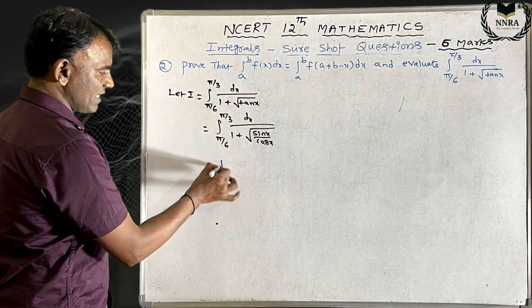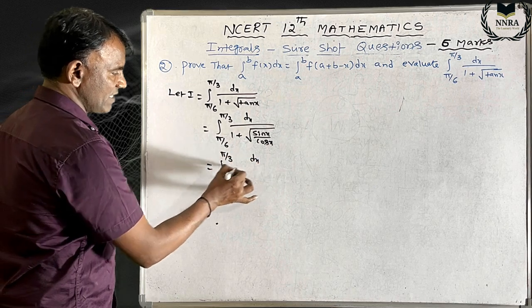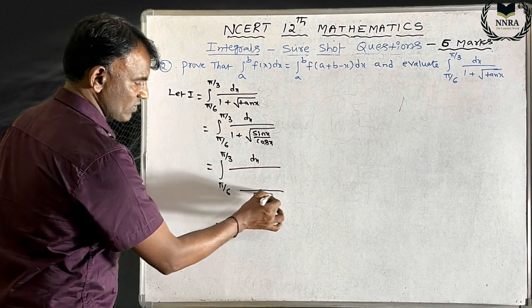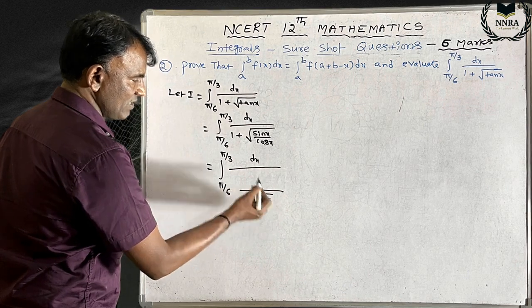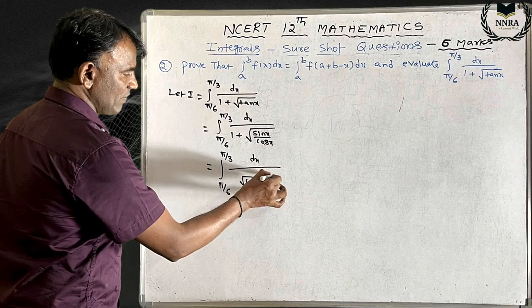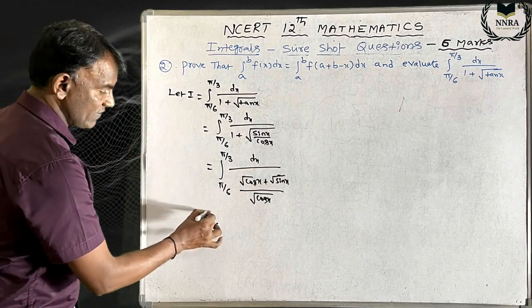And after taking LCM, we get dx by, so here it is square root of cos x, and 1 into root of cos x is root of cos x plus root of sin x. So how to write this value?